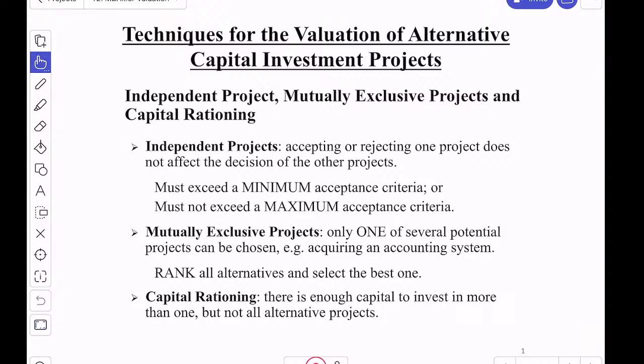So what we want to do next is value projects. We want to use our valuation techniques to value alternative projects for investment and determine which projects we should invest in. So something like the hotel discussion, where we use the net present value to evaluate whether we should invest in a hotel or not. Okay, so that's what we're going to spend some time on.